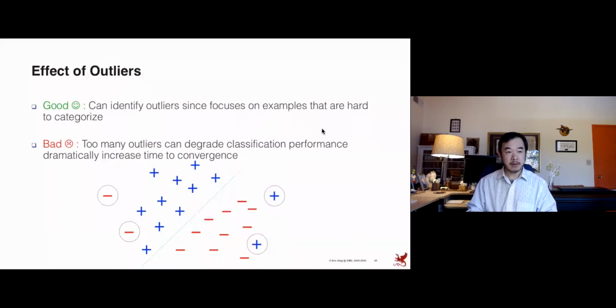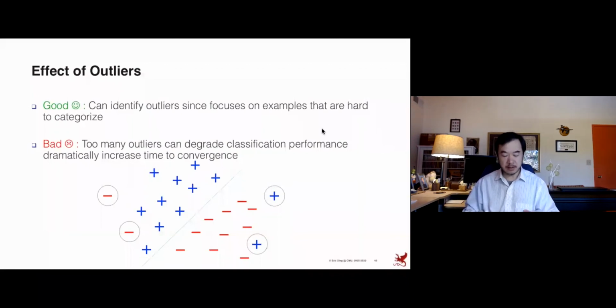So an outlier is, in a sense, helpful in allowing the decision hypothesis to pay more attention to the harder problem. Typically, in logistic regression, you don't have many mechanisms to treat outliers differently than other examples.